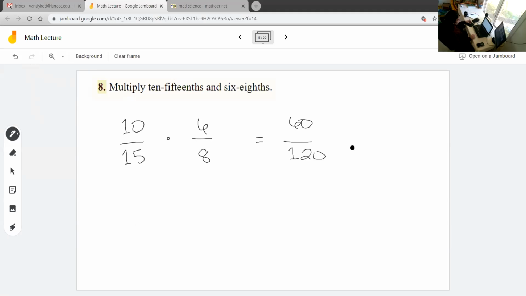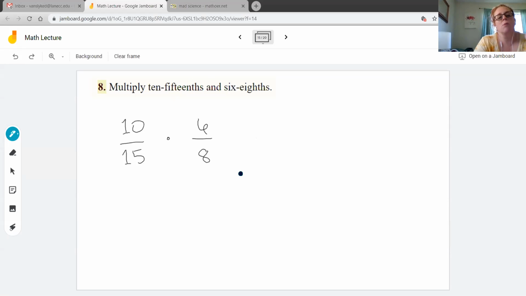And then I could reduce it, but that would be a lot of reducing. So let's do some canceling. And very few people do all the canceling on this one. But even if we cancel some, it'll still make a smaller number when we do finally multiply across top and bottom. So who wants to go first? What's one thing we can cancel?